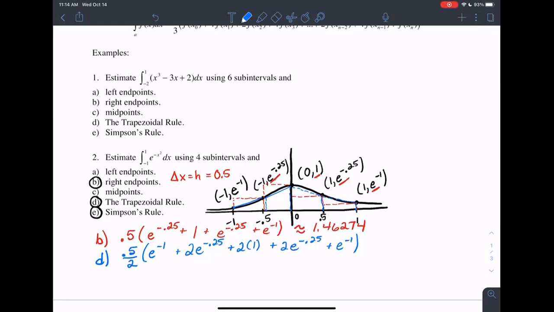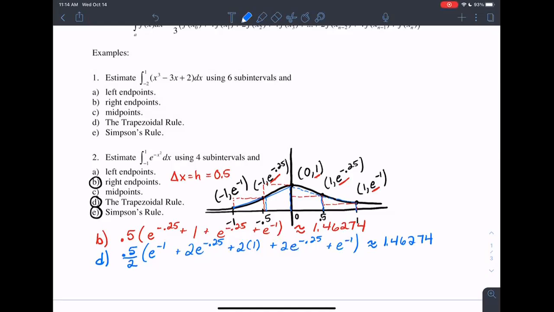So let's make that 4, and delete all of this. And I got the exact same thing I had before, at least up to those 5 decimal places. You guys are the same.